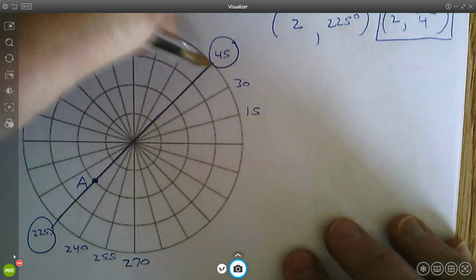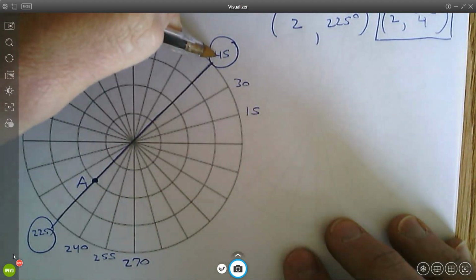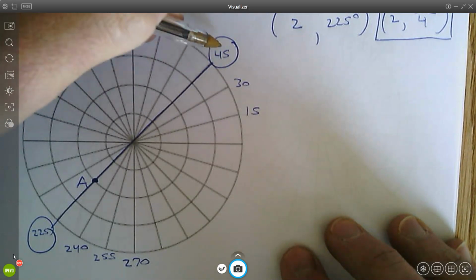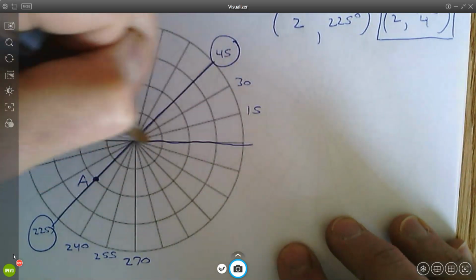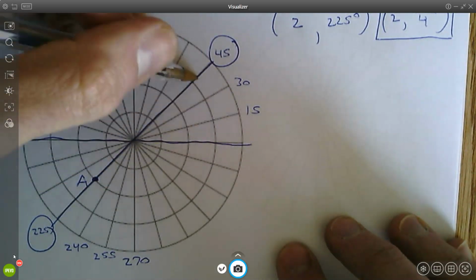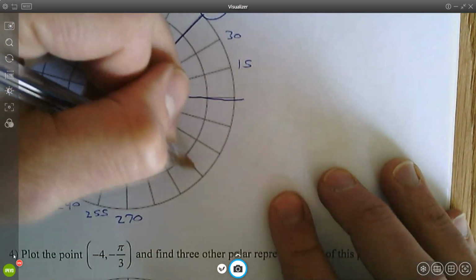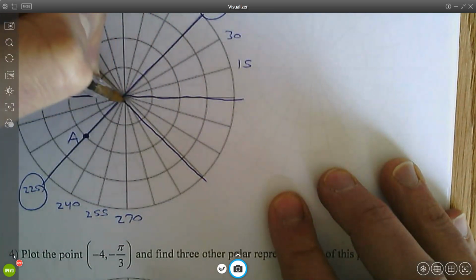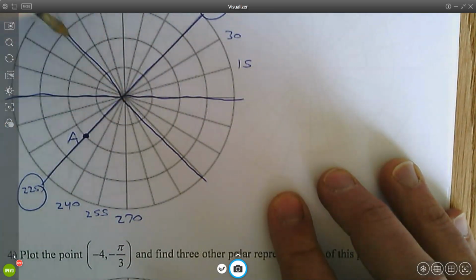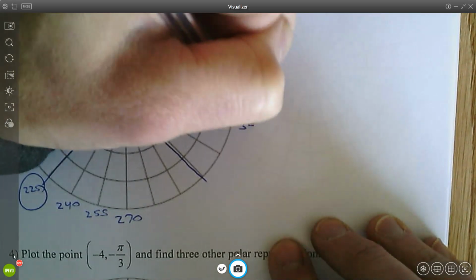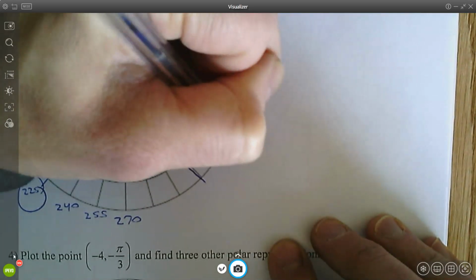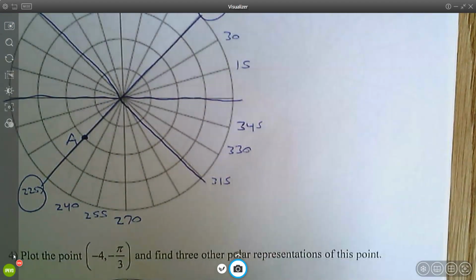Now we need to think about what if we did negative 45. If we reflected this over the polar axis here, 1, 2, 3 lines below, so that's 360, that'd be 345, 330, 315.